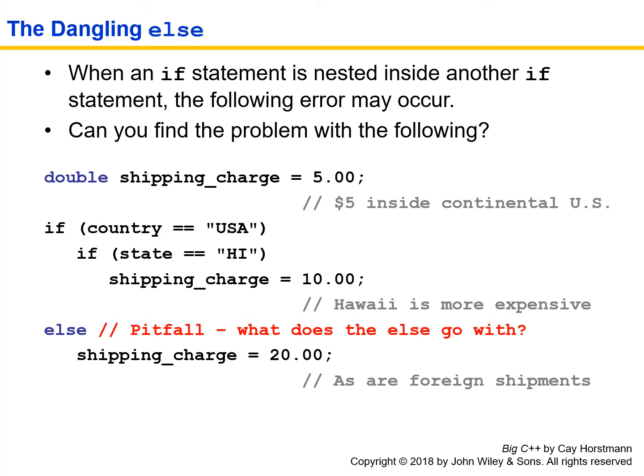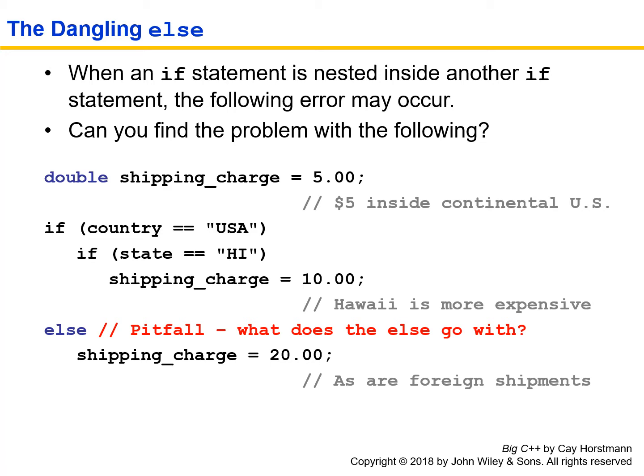The shipping charge starts out at $5 because we assume that we're inside the continental US. Then we say if the country is USA, and then if the state is Hawaii, then we can say the shipping charge is $10. We want to say else, meaning else the country isn't USA, shipping charge is $20.